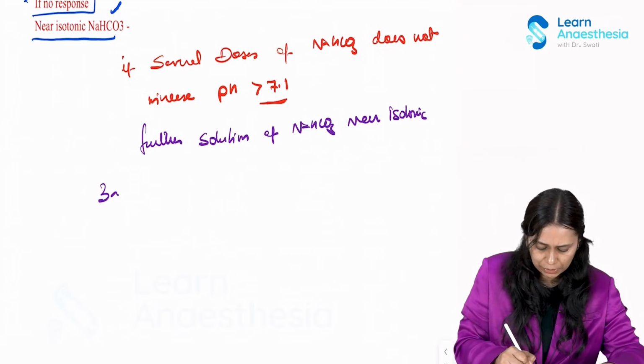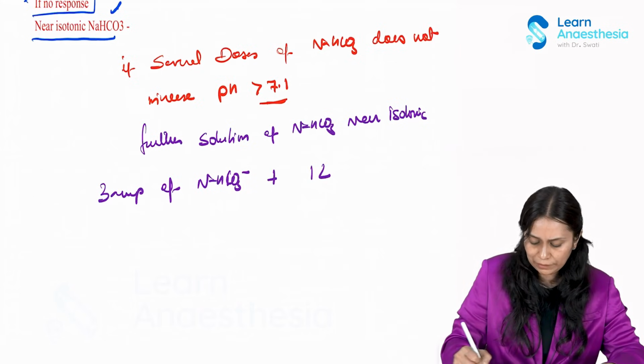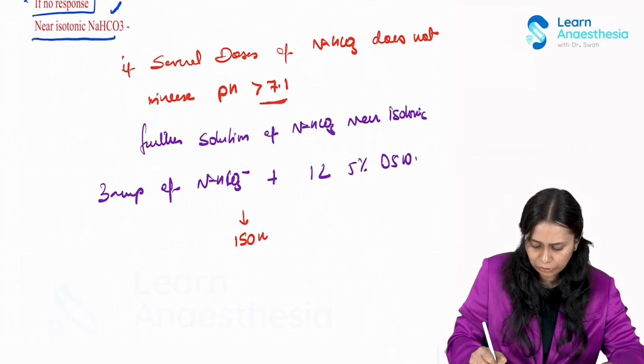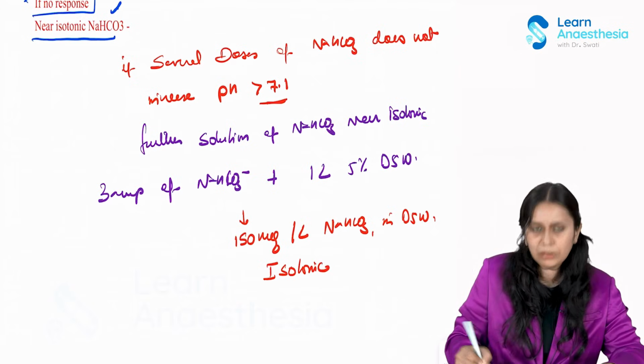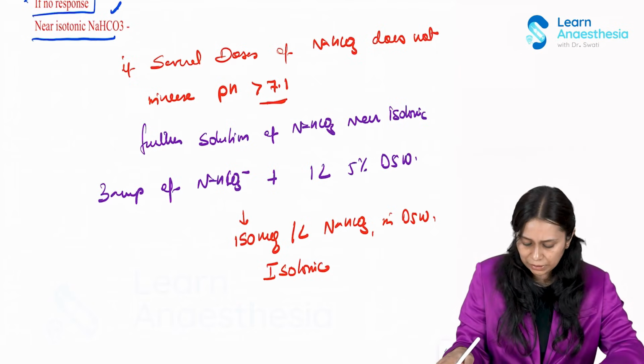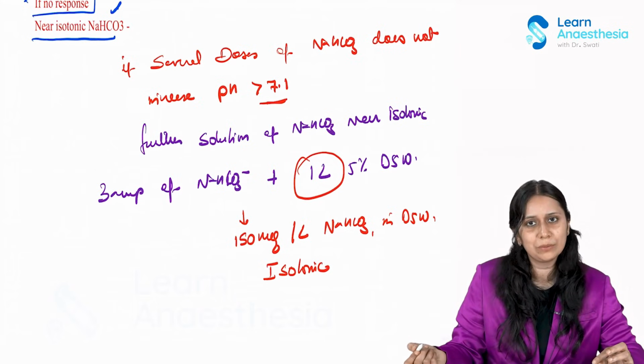So 3 ampules of sodium bicarbonate, that is 8.4% sodium bicarbonate, are mixed with 1 liter of 5% dextrose solution. What we get is 150 millimoles per liter of sodium bicarbonate in dextrose solution, and this is near isotonic, right? So it will not affect the tonicity, but 1 liter of volume overload is possible, right?